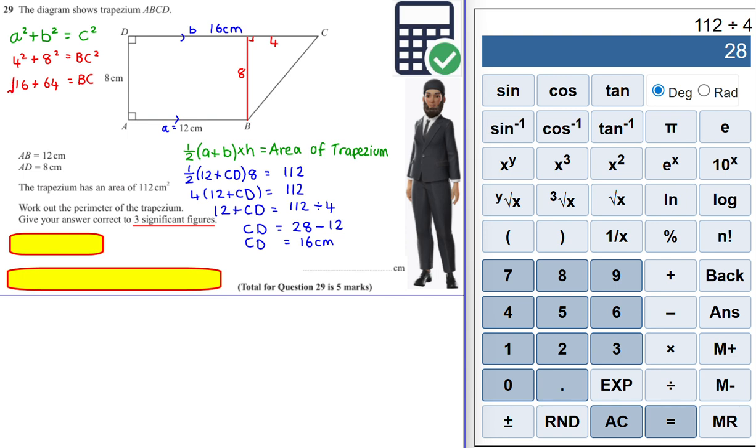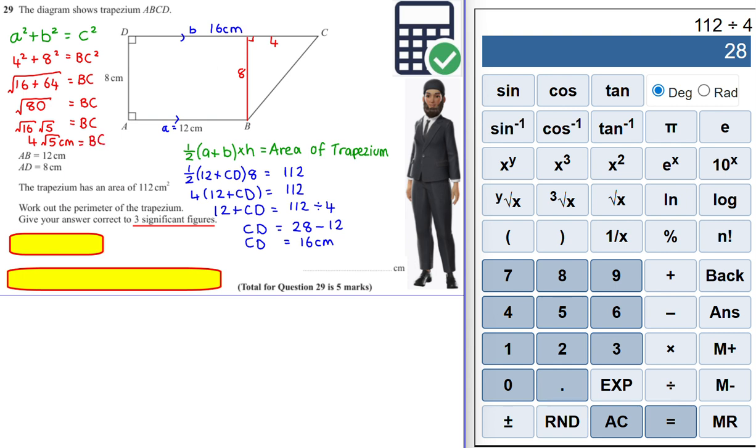The square root of 16 plus 64 is going to give us 80. The square root of 80 can be broken down. You can plug it straight into your calculator if you wanted to, it's not a problem. It can be broken down into root 16 multiplied by root 5. And therefore this works out to be 4 lots of root 5 centimeters. That's the line segment BC.